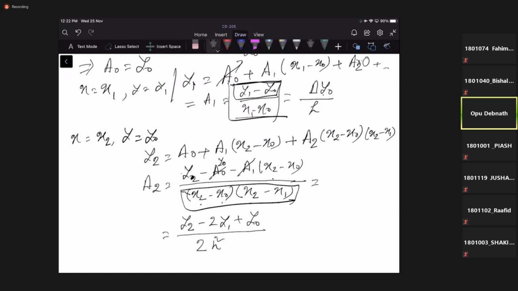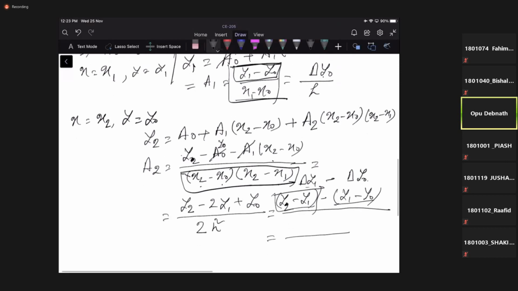After the simplification, we can rewrite this as y2 minus y1 minus y1 minus y0. y2 minus y1 means del y1, and y1 minus y0 is del y0. So del y1 minus del y0 is nothing but the second forward difference, del square y0.